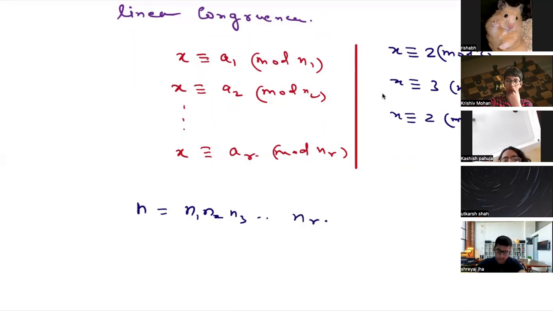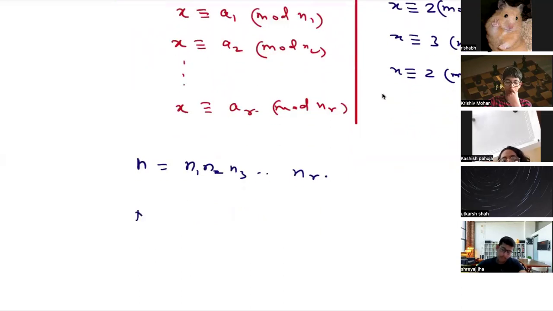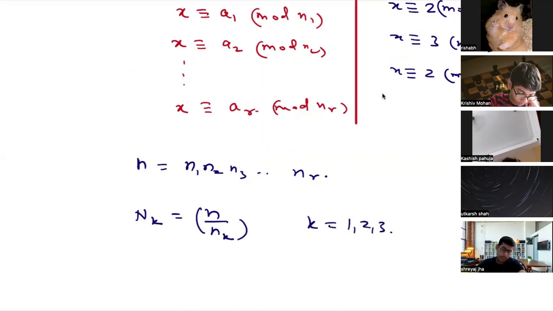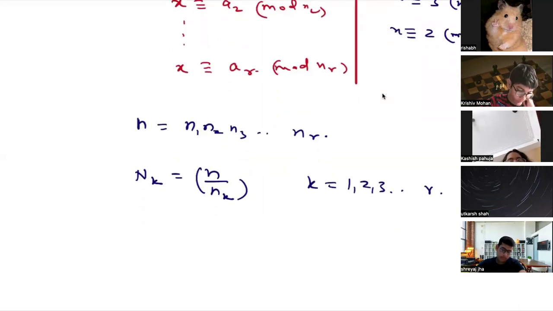And we assume any capital Nk is represented as n upon nk, where k is equal to 1, 2, 3 up to r. And obviously the GCD of capital Nk and nk is 1.